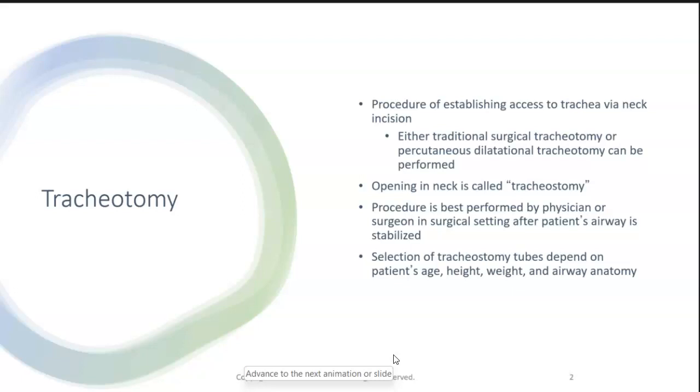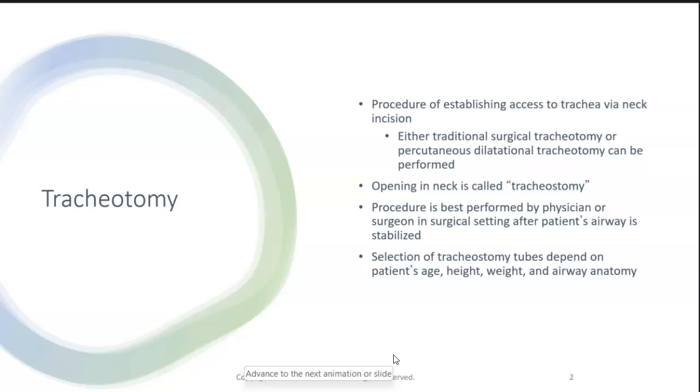We'll talk a little bit about the advantages and disadvantages of those in a second. The procedure is always going to be performed by a physician, usually ear, nose, and throat (ENT) physicians in that surgical setting, after we've established or stabilized the patient's airway. We tend to try to not do these at the bedside.